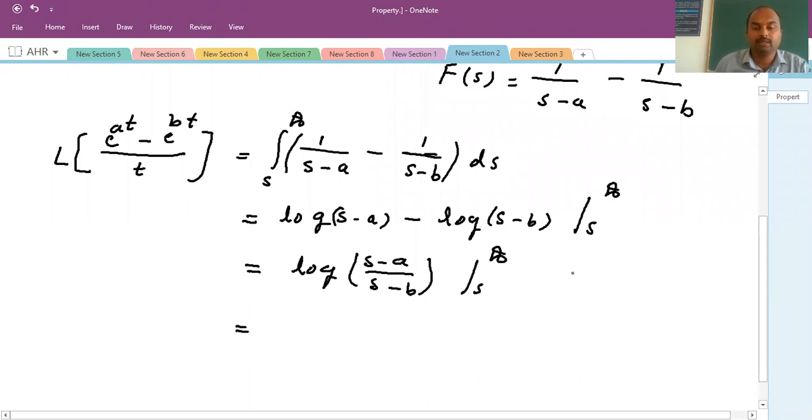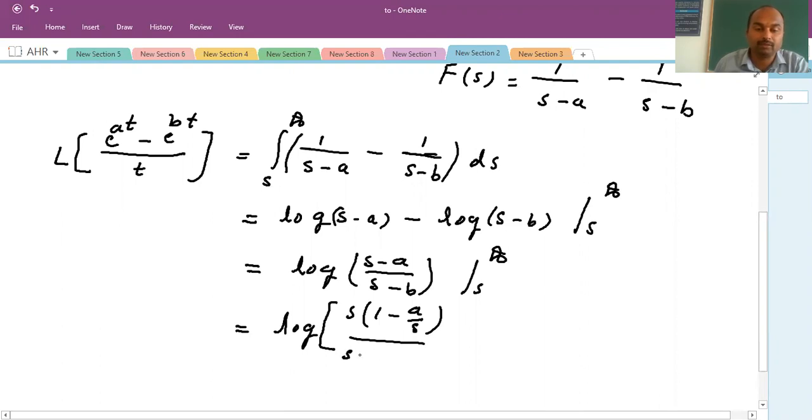Since there is an infinity upper limit, we cannot apply infinity directly, because s in the numerator and s in the denominator would become infinity by infinity. So I will take s common in the numerator. If I take s common, it becomes 1 minus a by s.